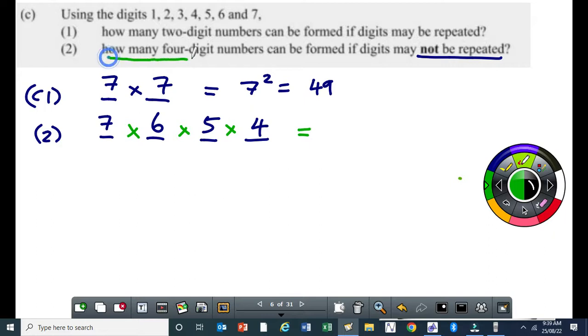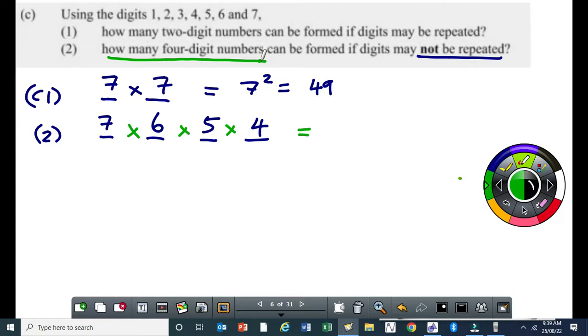It says, how many 4-digit numbers can be formed if digits may not be repeated? We are given 7 digits, but you need to form 4-digit numbers from those 7 digits. The first position can be taken by all 7 digits.